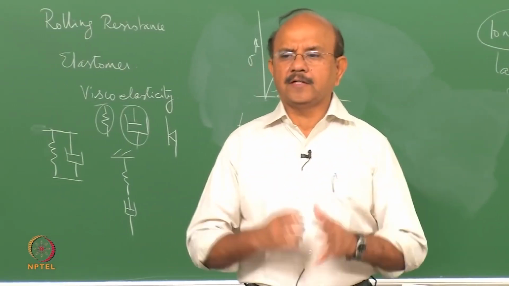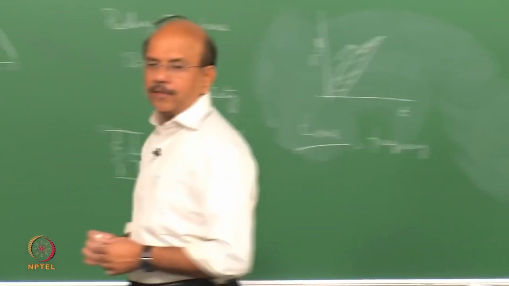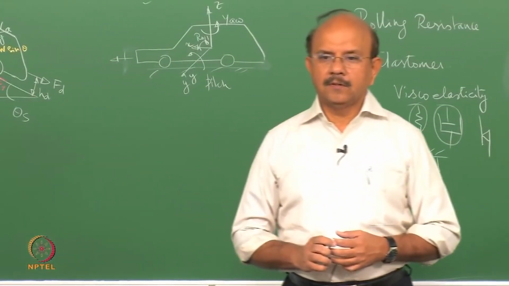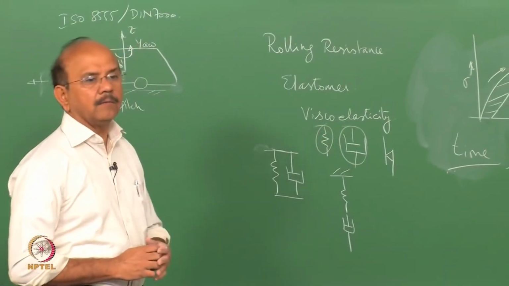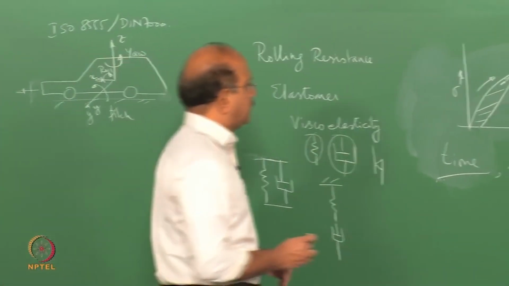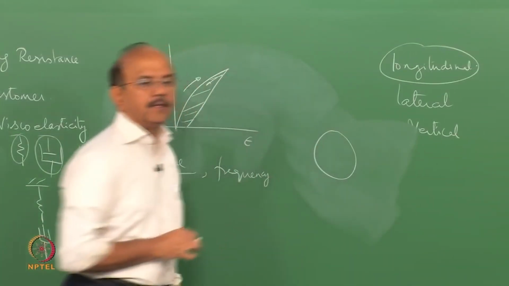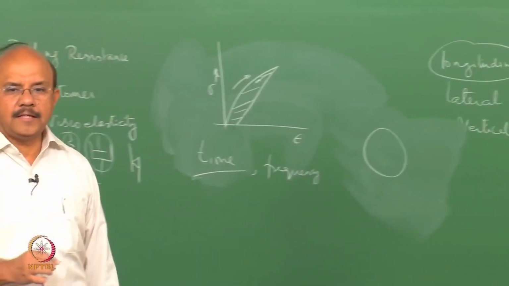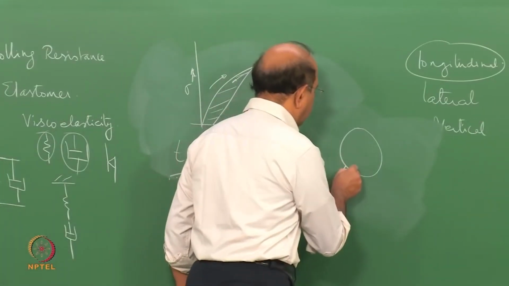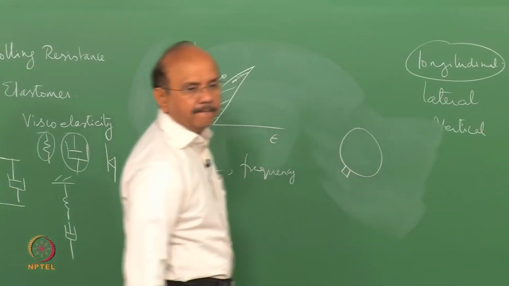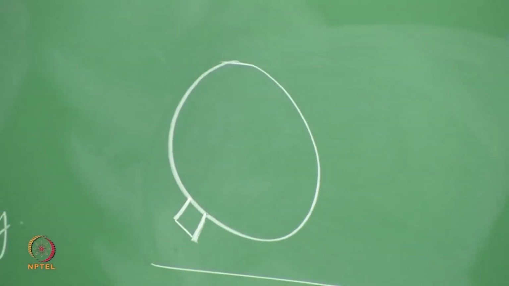How is it going to affect us? Why is it that the tire should develop a rolling resistance, and that is what we are coming to now. Obviously all of you know it, but I am just reiterating what is well known. Let us say that I have a tire, we have what are called treads, let us say that is a tread, and that is the ground.